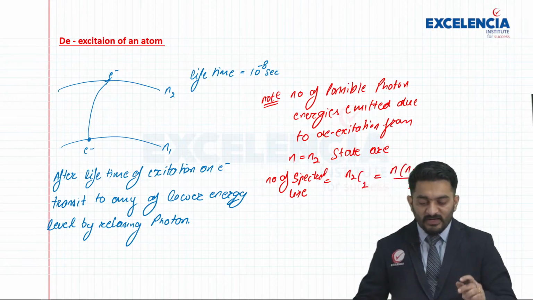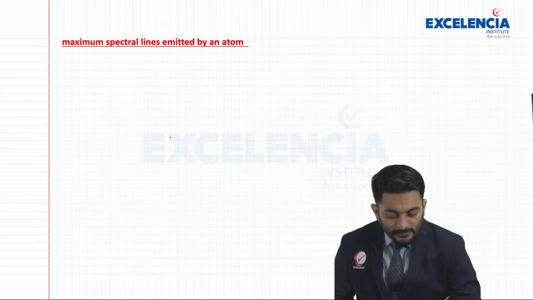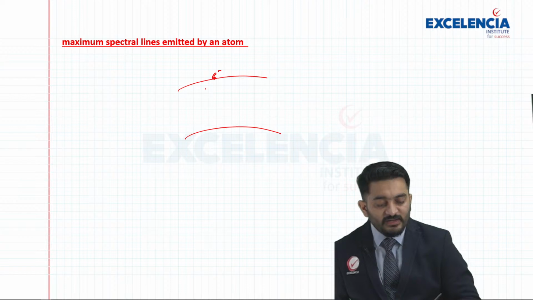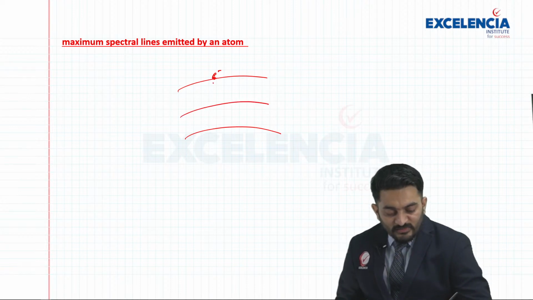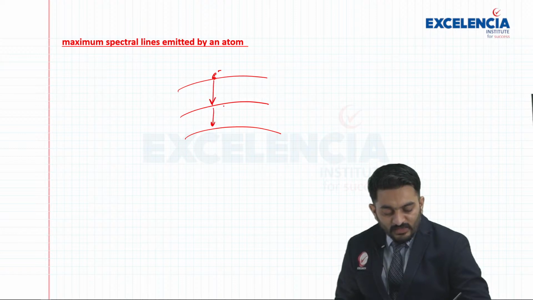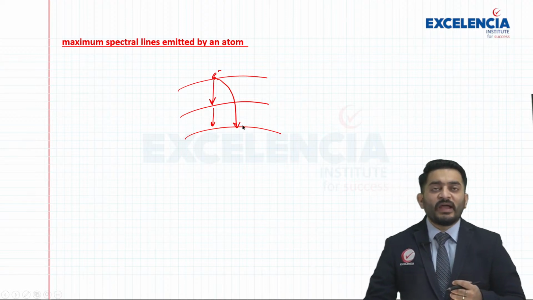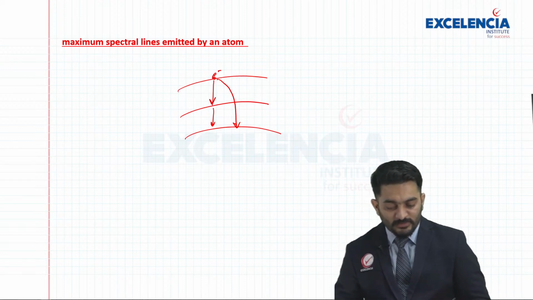So you have to be very careful about what exactly the examiner wants, because whenever an electron goes to the excited state, there is no particular way that it is going to come back. If you have various energy levels present in between, it can go to the second, it can go to the first, or it can directly go to the first. Till the time it finds its most stable energy, it will keep on releasing energy, and it will come back to the most stable energy.